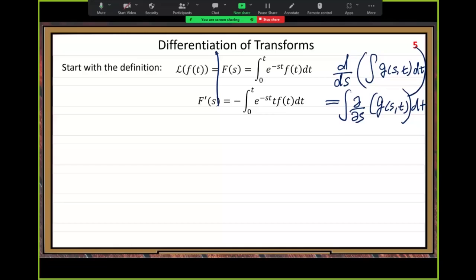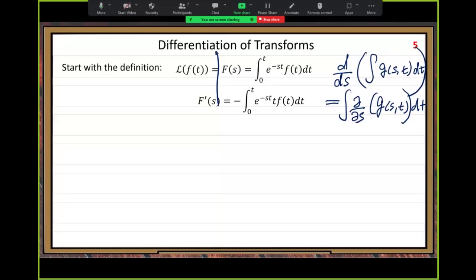Negative t times the original function: negative 1 here, another t is here. So that's the partial derivative. There is a calculus theorem that guarantees we can do this operation legally.